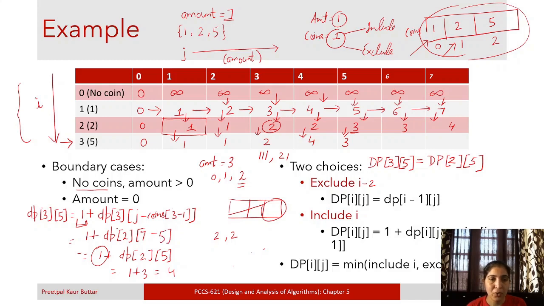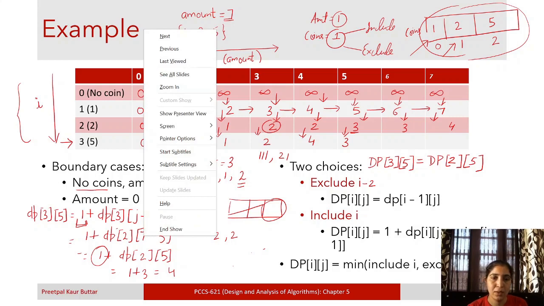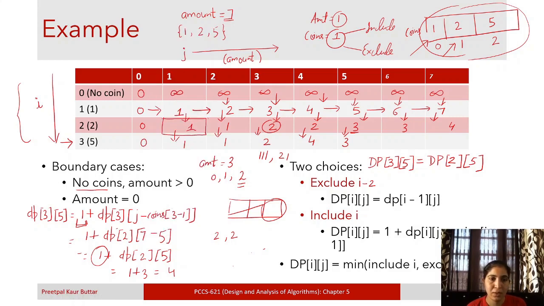And the amount left after picking the third coin, 5 rupee coin, is 0. So for making an amount equal to 0, do you need any coin? No. So it will be 1 plus 0, 1. So you need only 1 coin. And out of 3 and 1, the minimum is 1. So we will keep this.